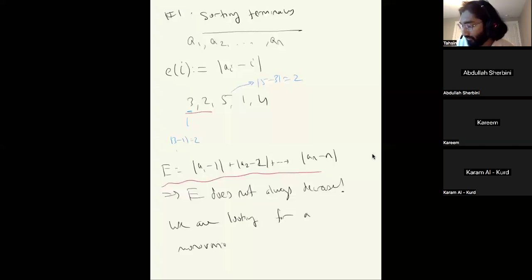I think I have another approach that should work. Okay, so what's the approach? After n minus 1 operations, it should be in the right place.